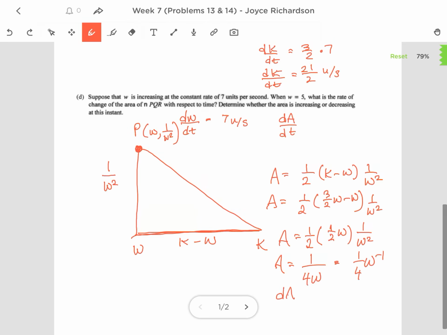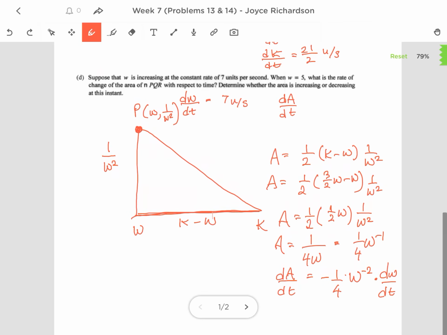Either way, when I go and take the derivative, dA/dt is equal to negative 1/4 w to the negative 2 times dw/dt.